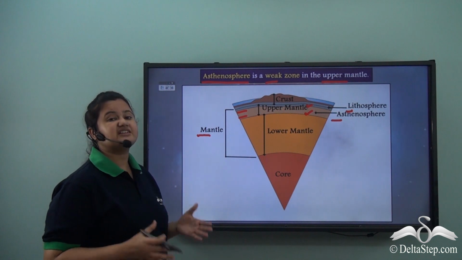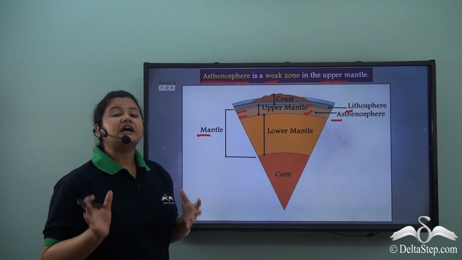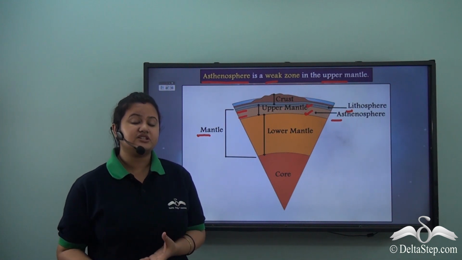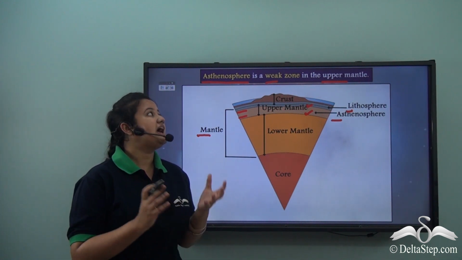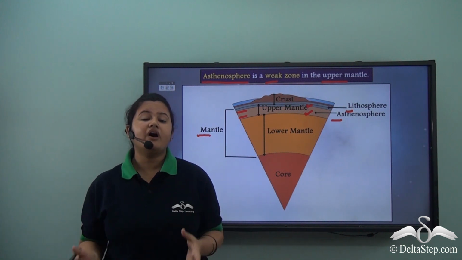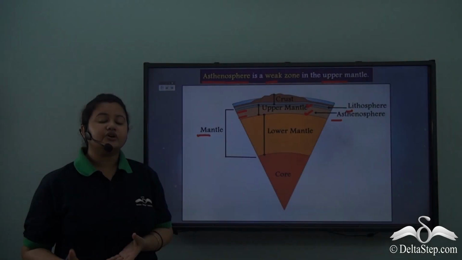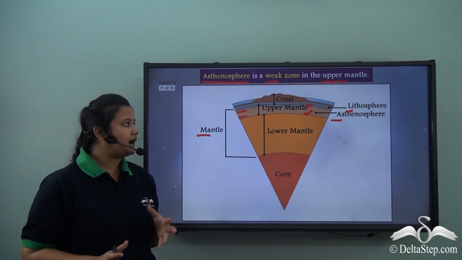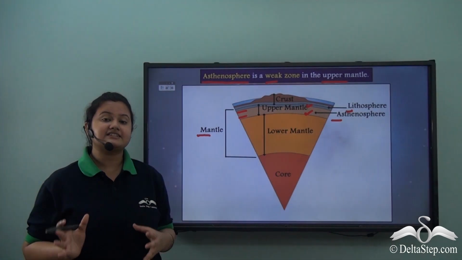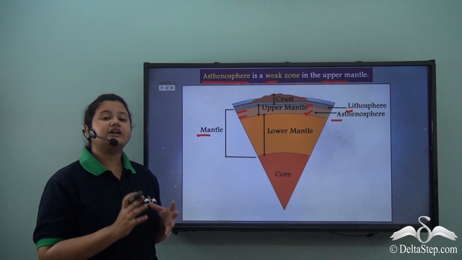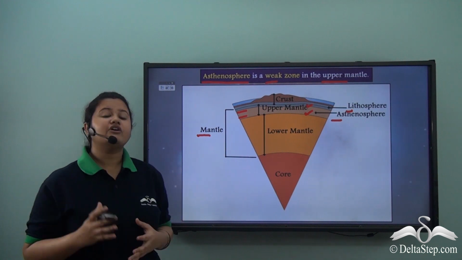So the velocity of the seismic waves decreases, and therefore asthenosphere is also known as lower velocity zone. So both lithosphere and asthenosphere are part of upper mantle, and asthenosphere lies below lithosphere, and asthenosphere is a weak part of upper mantle.